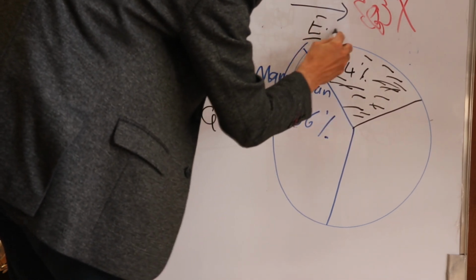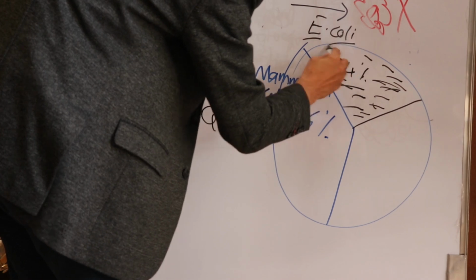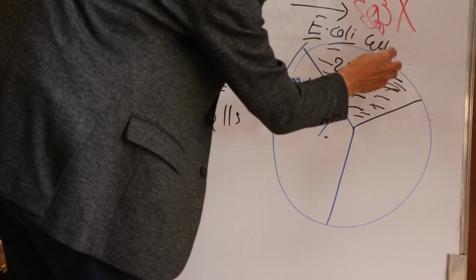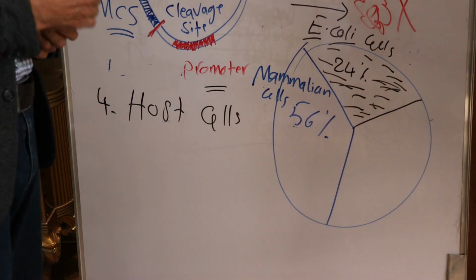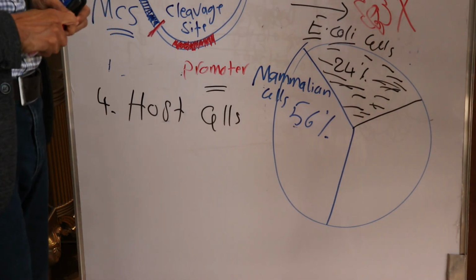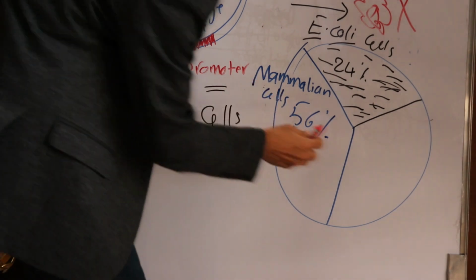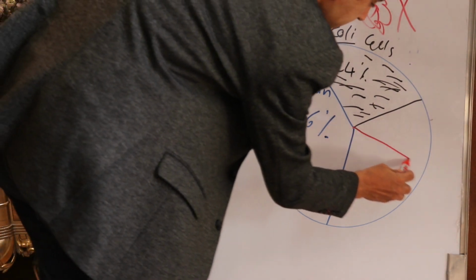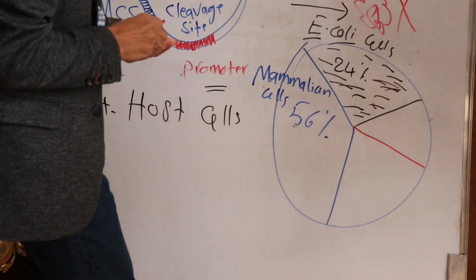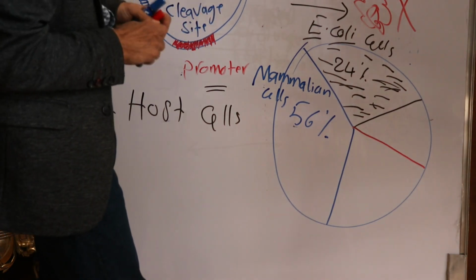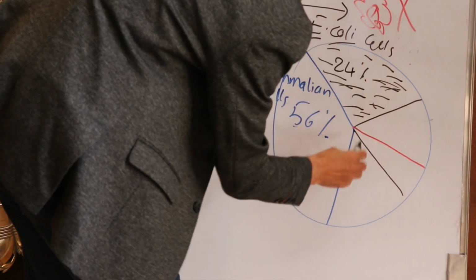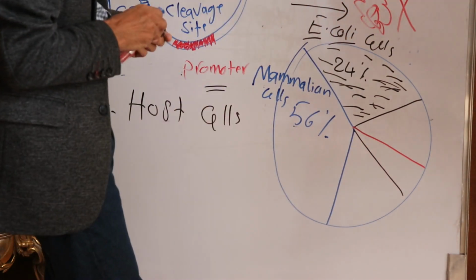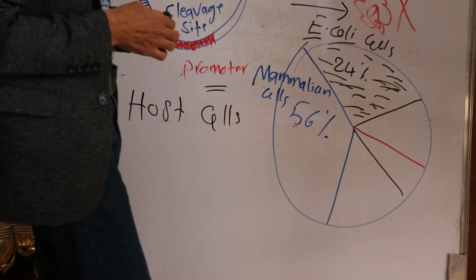There are also insect cells, yeast cells, and animal and plant cells.